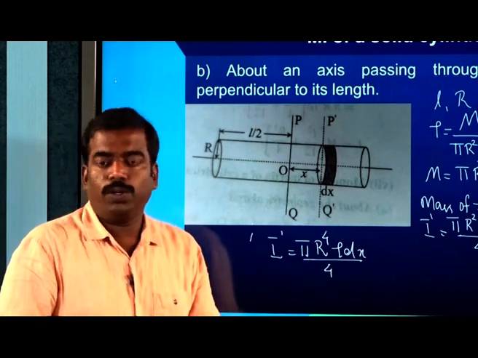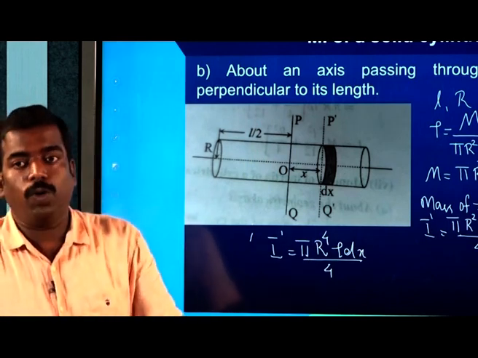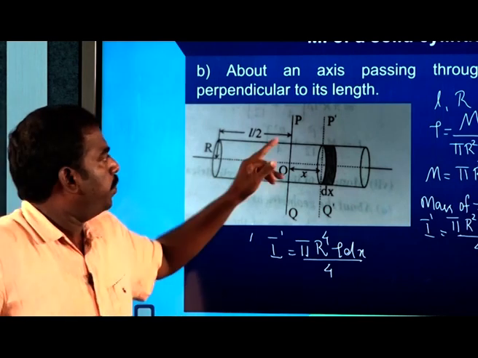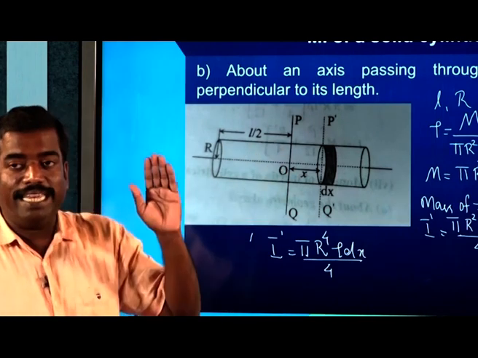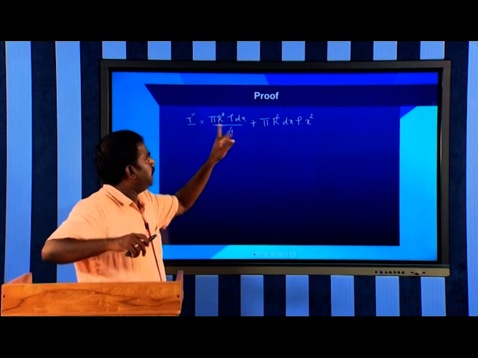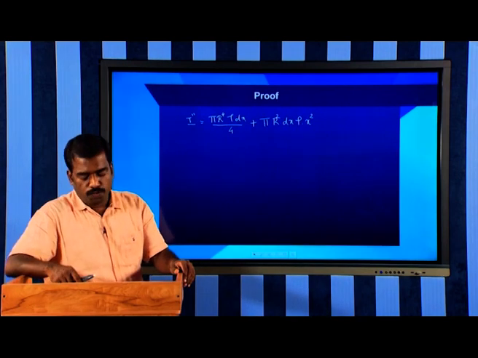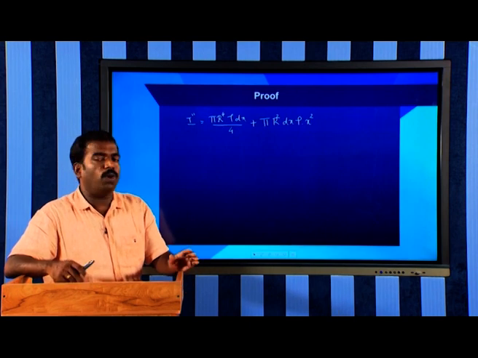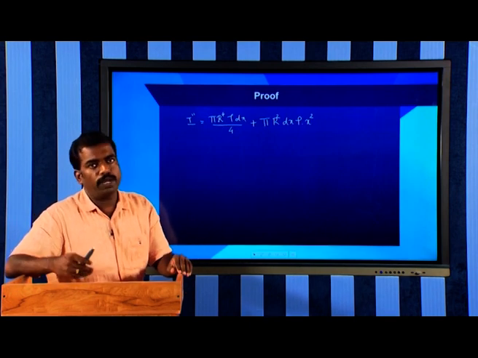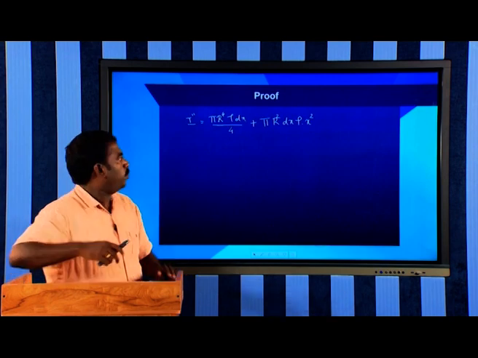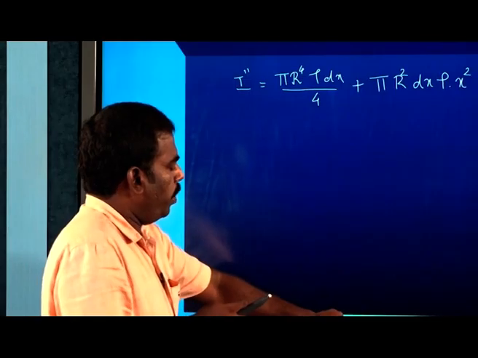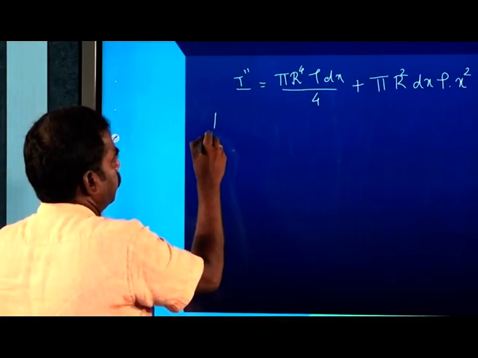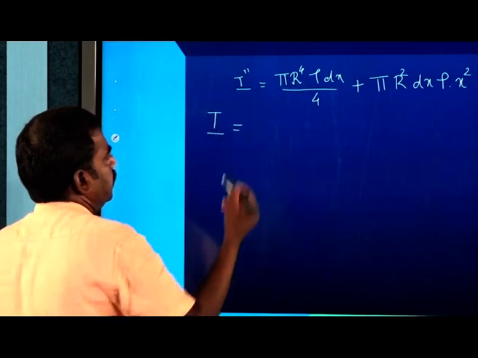Now, we can find the moment of inertia of the whole cylinder about the axis pq. Just integrate this expression from the limit minus L by 2 to plus L by 2, or integrate from 0 to L by 2 and multiply it with 2. So, we are going to find the moment of inertia of the whole cylinder, which is I, about the axis pq.